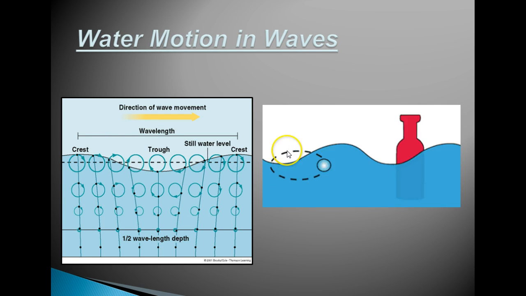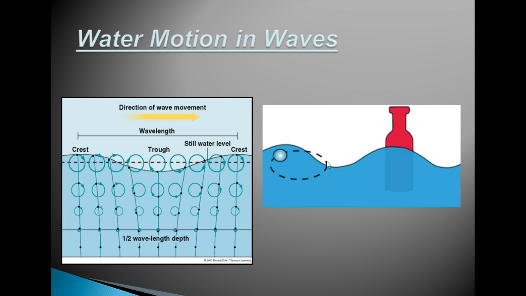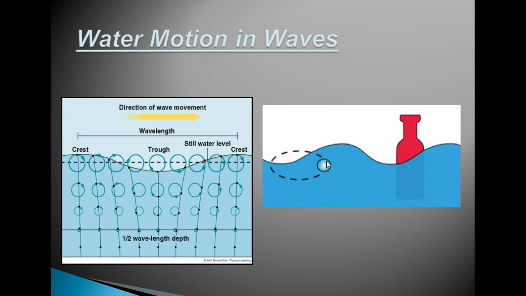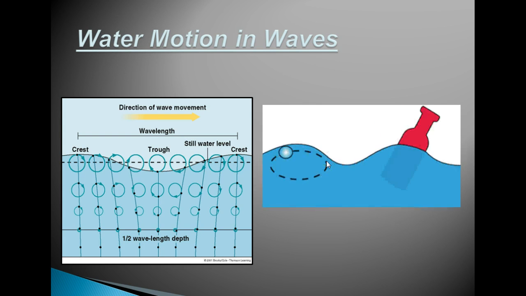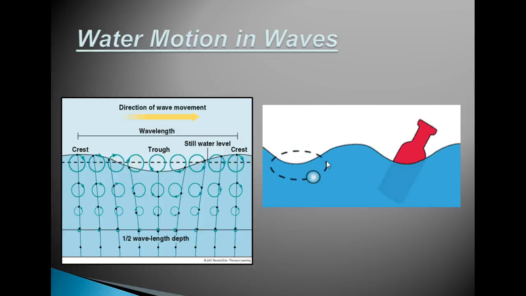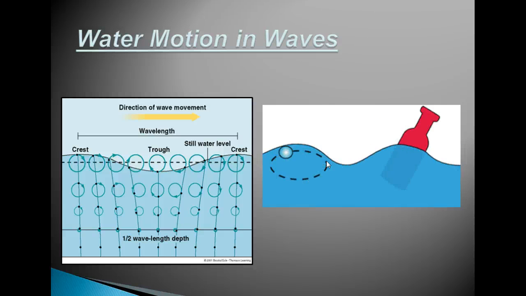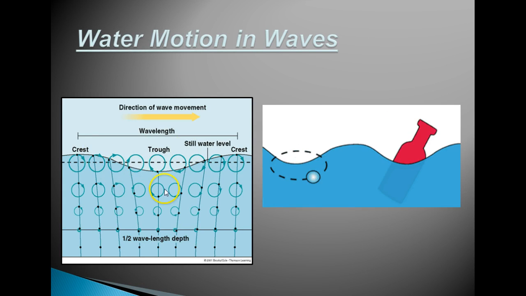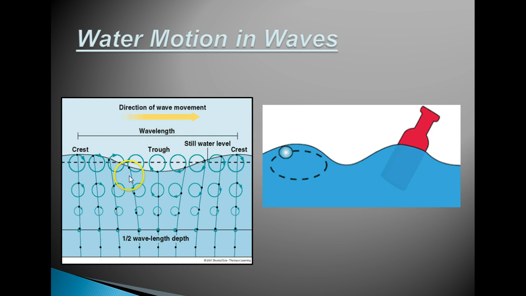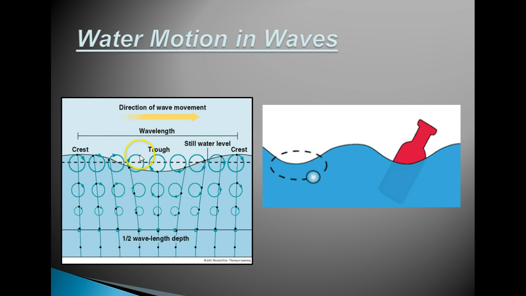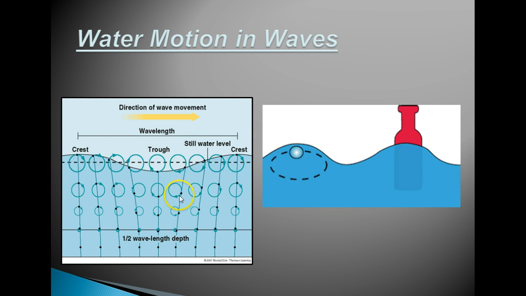So it moves in a vertical circle, returning to a point near its original position at the wave's end. Now these vertical circles are more obvious at the surface, and you see now a picture of them right here. So it's a series of columns now of vertical circles that happen.